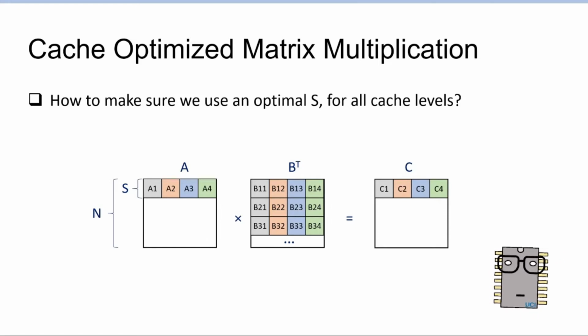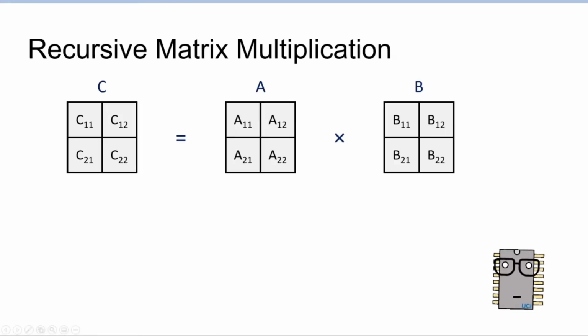And without further ado, the solution is that we do matrix multiplication recursively. For example, if we're multiplying A and B to get C, A, B, and C can all be chopped up into 4 different submatrices, dividing along the half line, vertically and horizontally.